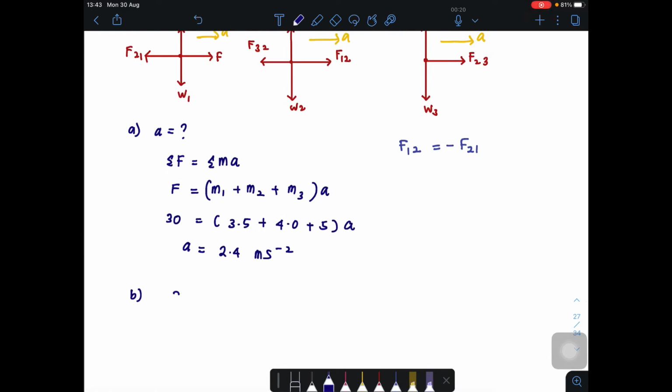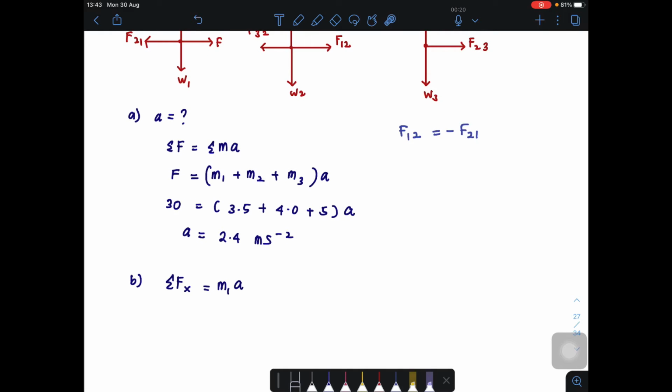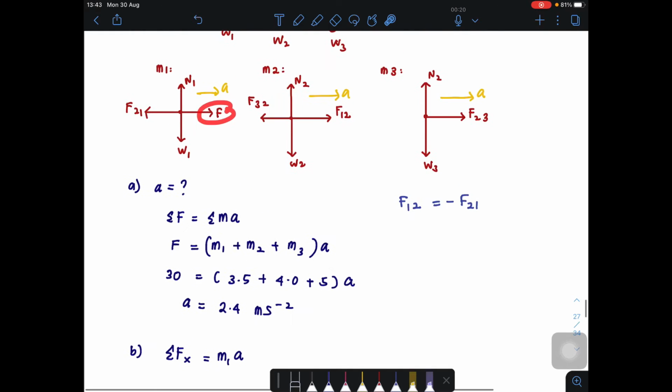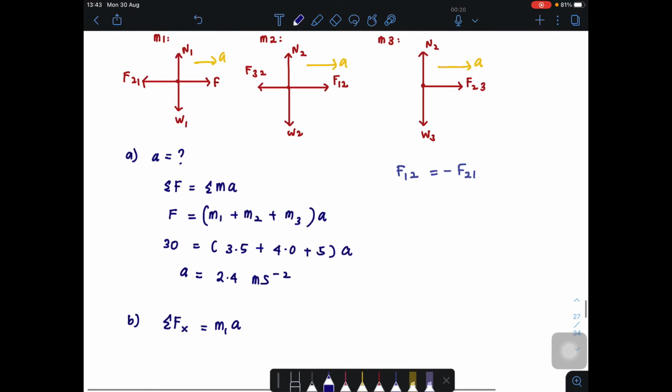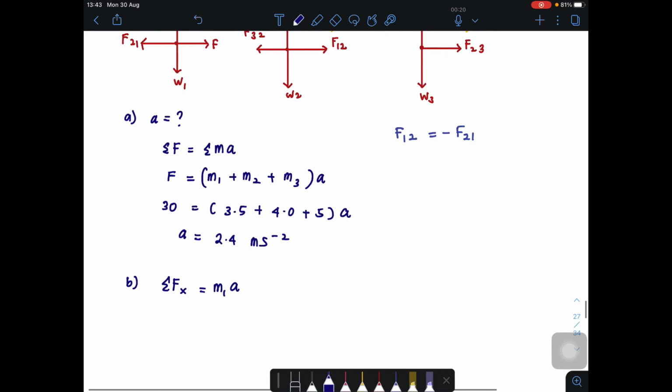So kita hanya tengok x-axis saja. Di mana kita ada dekat sini F follow direction of A, so positive. This one opposite direction akan jadi negative. Remember, follow direction of A positive, opposite direction of A negative.